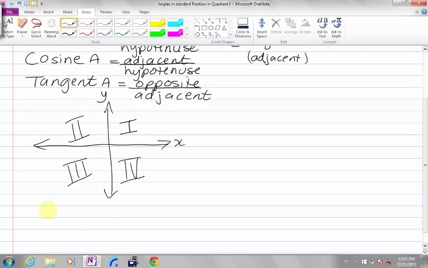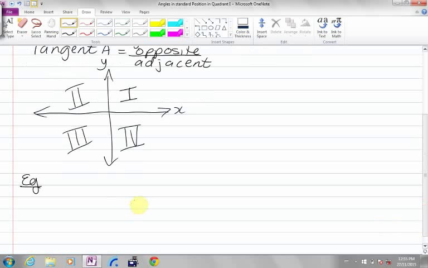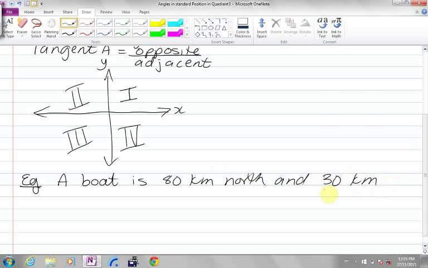All right, let's start with an example, a real life example. A boat is 80 kilometers north and 30 kilometers due east.